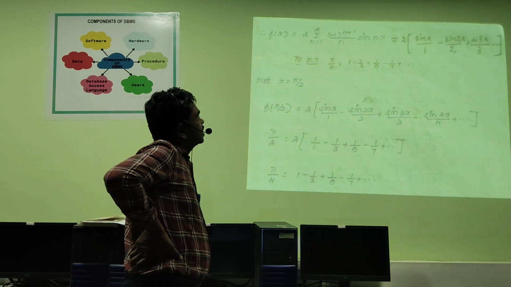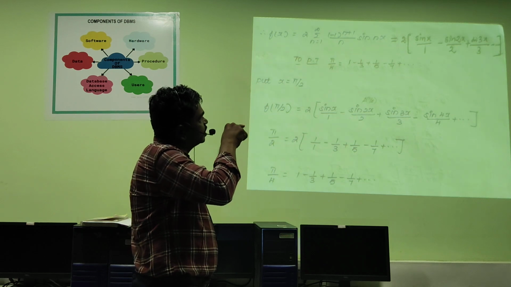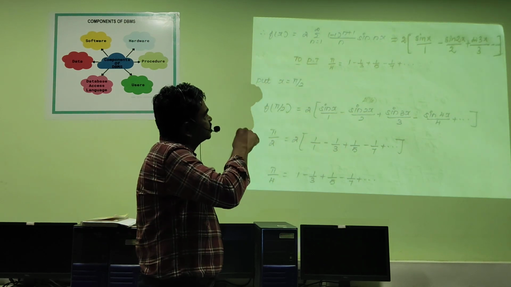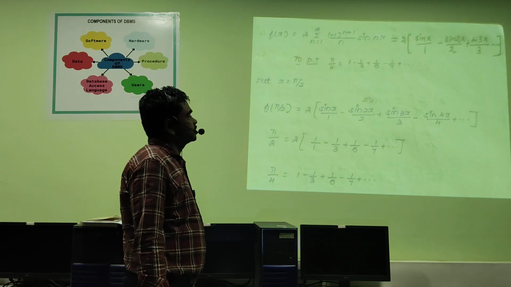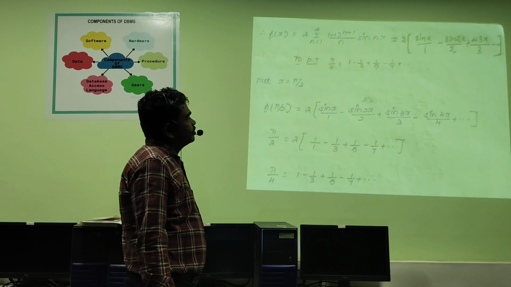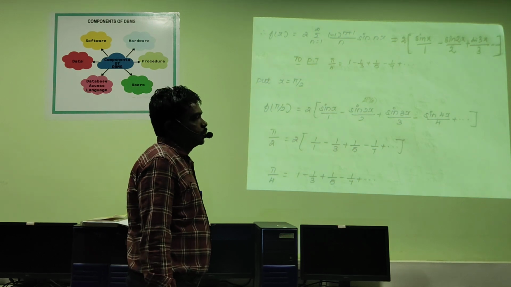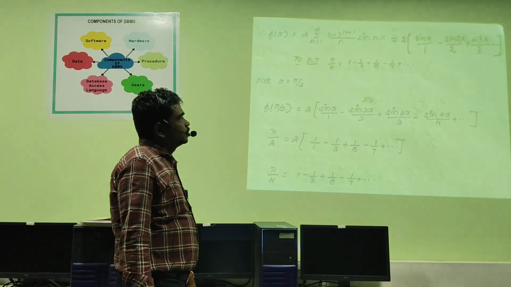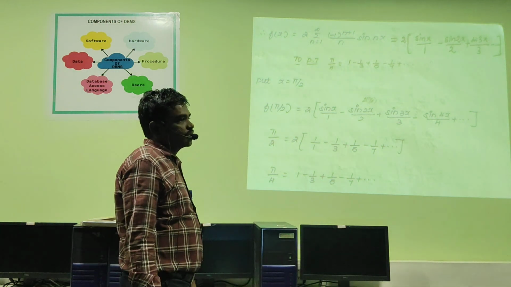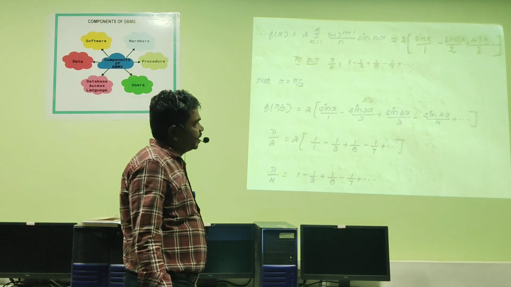That means we apply n equal to 1, that is (-1)^(1+1) by 1 sin 1x. 1 plus 1 is 2, and minus 1 power an even power is 1, so sin x by 1. Then we apply n equal to 2, therefore (-1)^(2+1) by 2 sin 2x. 2 plus 1 is 3, so (-1)^3 is minus 1, therefore minus sin 2x by 2.